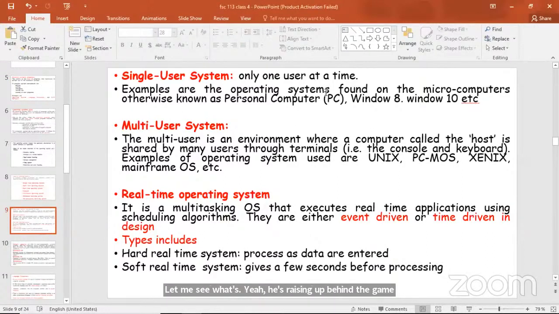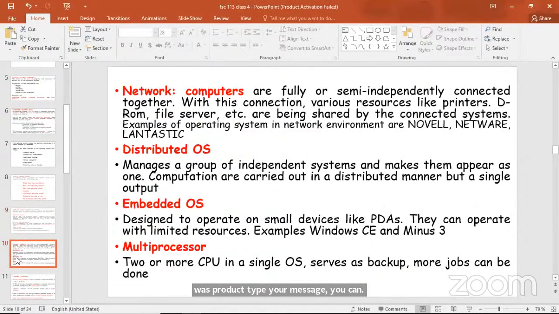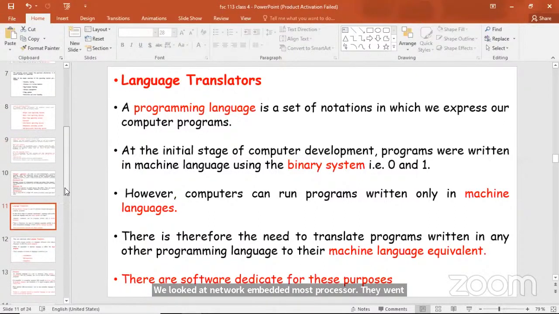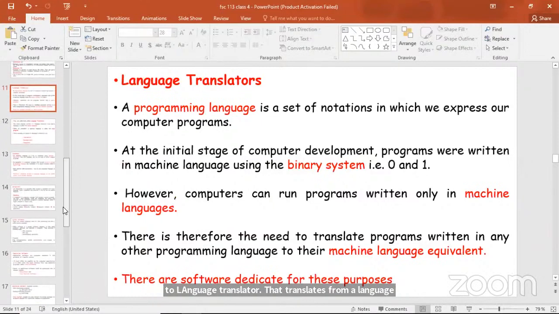So we looked at single user, networked, embedded, multiprocessor, then we went to language translators, which translate from the language that a program or code is written in into what the computer can understand.